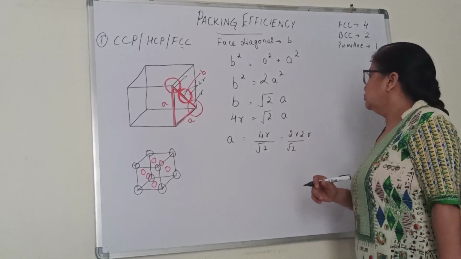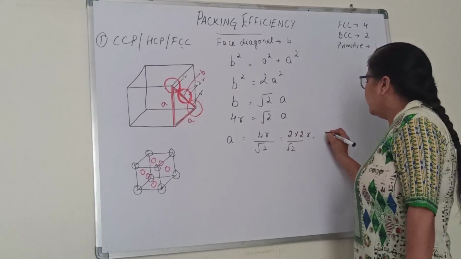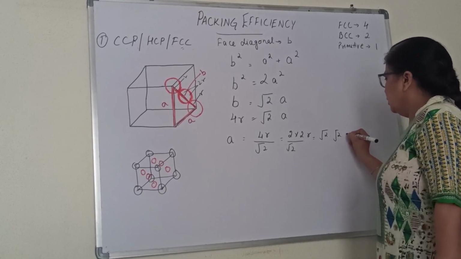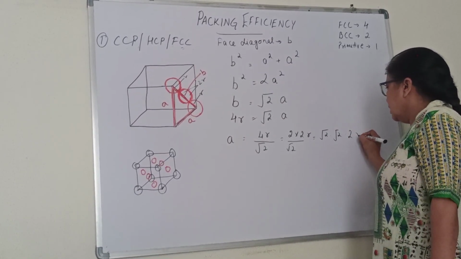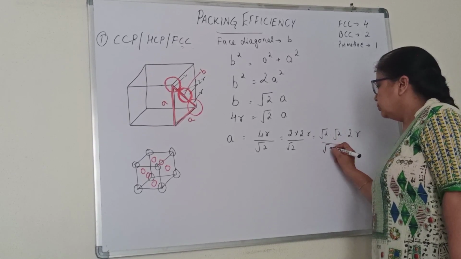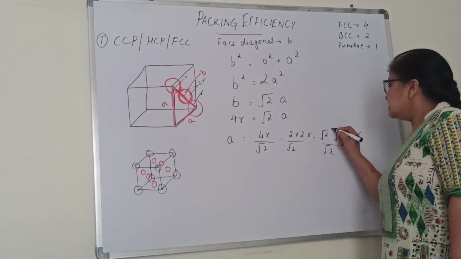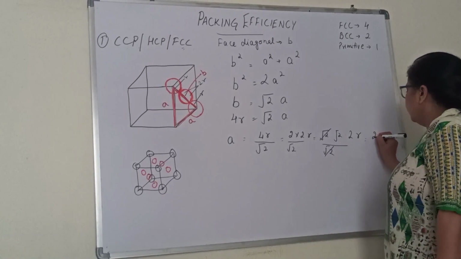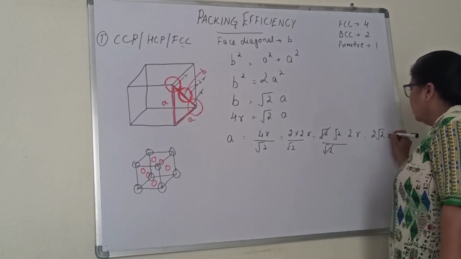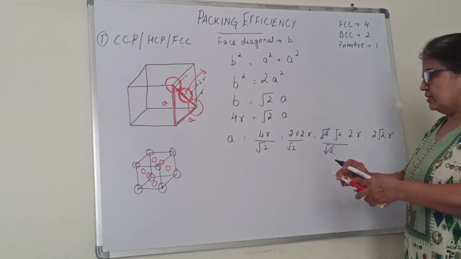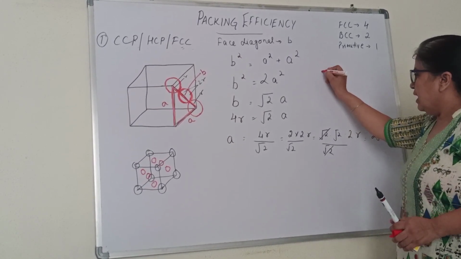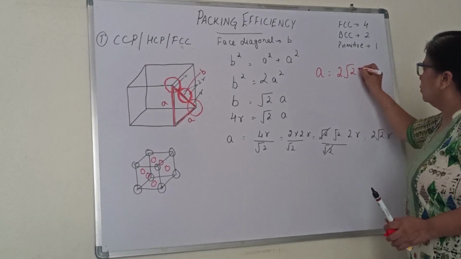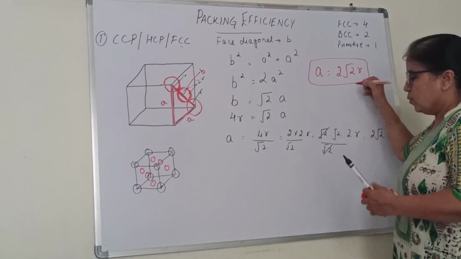Further I can write one of the 2 as root 2 into root 2, into 2 R by root 2. I'll cancel one root 2. What am I left with? I am left with 2 root 2 R. So what did I get here, children? That I am writing on top. I got here A is equal to 2 root 2 R. This is one thing we require.